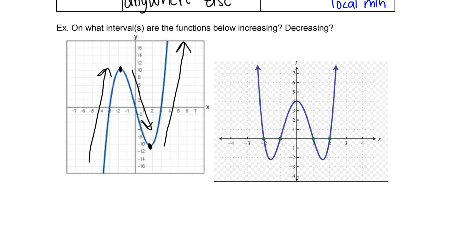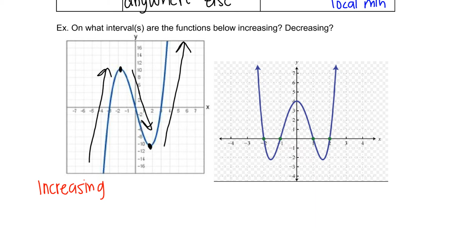Anytime we have an arrow going up, it's going to be an increasing interval. So if I start with my increasing, our graph starts off increasing and it continues to increase until this point here. And that seems to be at roughly -2, it looks like.